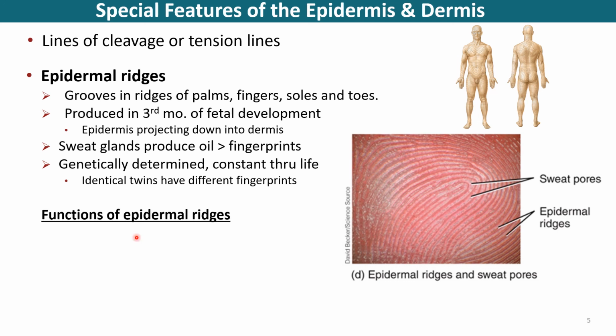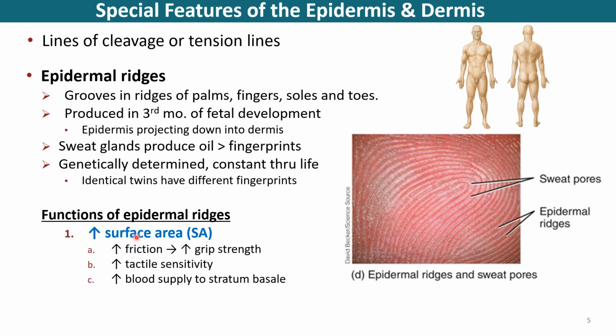The purpose of these epidermal ridges is, one, primarily to increase your surface area. And by increasing the surface area in these regions, you're going to be able to have more friction and more grip strength. You'll have greater tactile sensitivity, because remember, we have those free nerve endings and those capsules that are coming up into this epidermis so that you can touch and feel better.